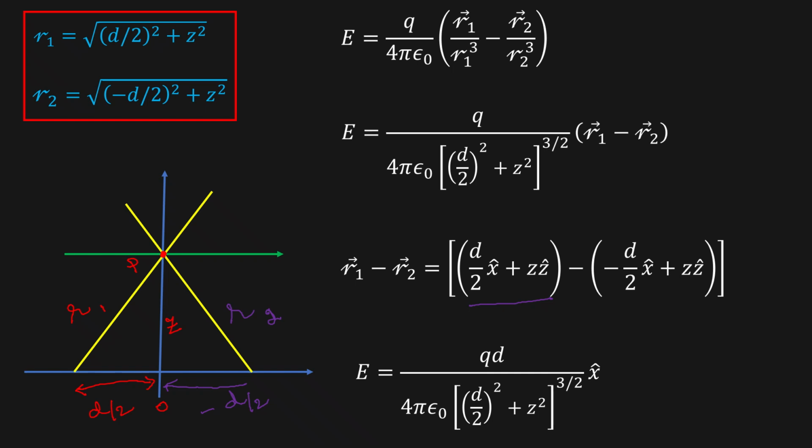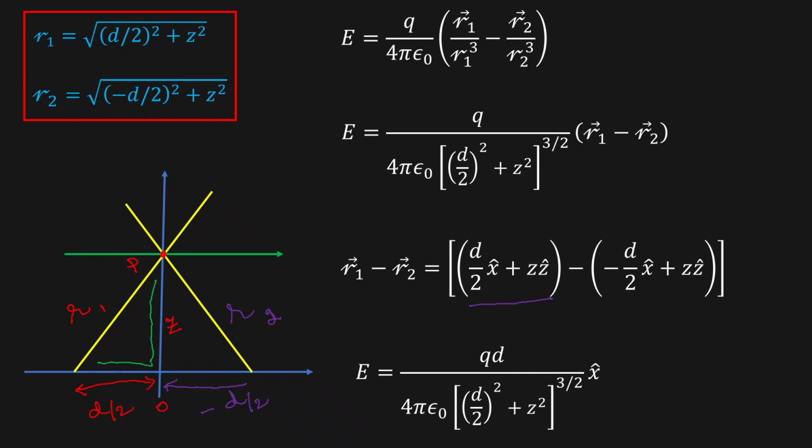I will use a different color, green. We can add this vector and this vector. That is very important. For finding script R1, we have to add this and this z.